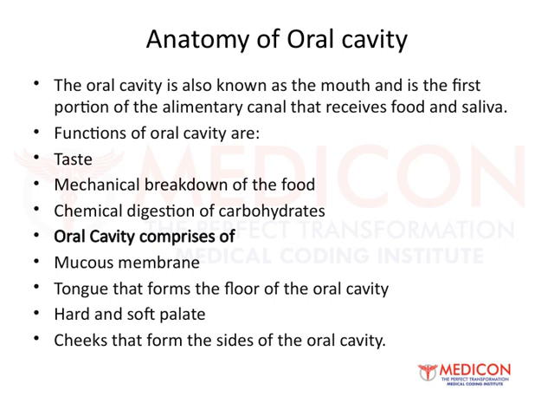Lastly, the cheeks shape the sides of the oral cavity, giving it structure and helping in the containment and movement of food during chewing and speech. Understanding this anatomy helps us appreciate how efficiently the oral cavity kickstarts the digestive process, setting the stage for the rest of the alimentary canal to do its work.